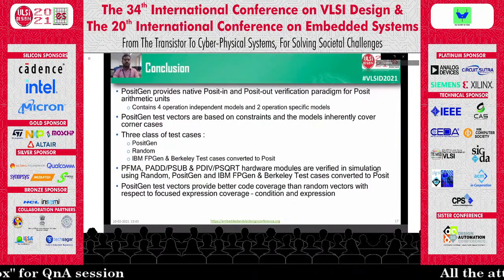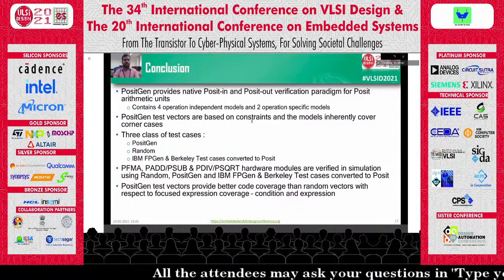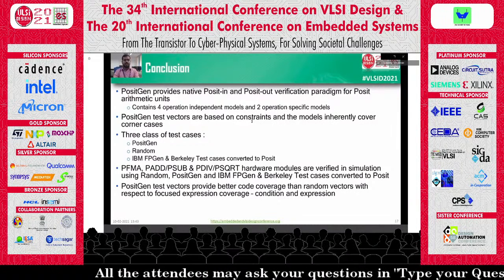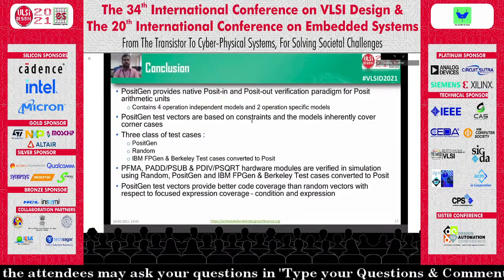Conclusion. POSIT-gen provides a native POSIT in and POSIT out verification paradigm for POSIT arithmetic circuits. POSIT-gen test vectors are based on constraints and corner cases. It proposes three classes of test vectors: POSIT-gen test vectors, random test vectors, and IBM FPGen and Berkeley TestFloat test cases converted to POSIT.